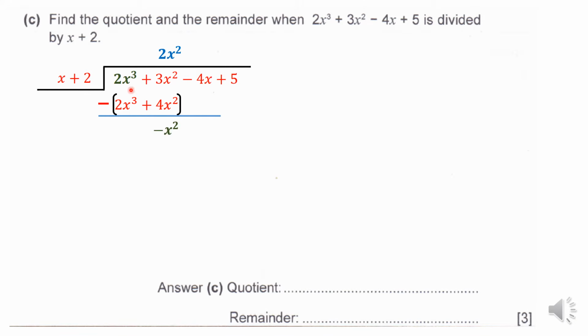Now you realize I'm putting this in black because those ones in black are your side work. I'm actually saying 2x cubed and I'm dividing it by x. That is how I get the 2x squared that I have here on top. And then I take the minus x squared and divide it by this x here.